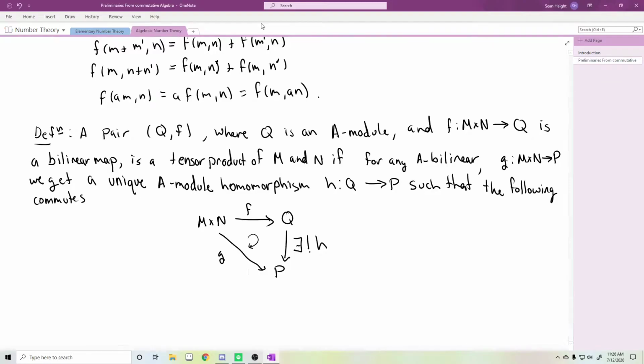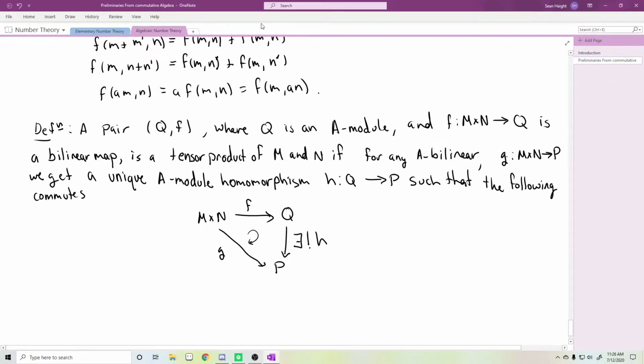So a vague but natural question is, what do tensor products do? Essentially, kind of like a heuristic of what a tensor product is: the tensor product is the largest.